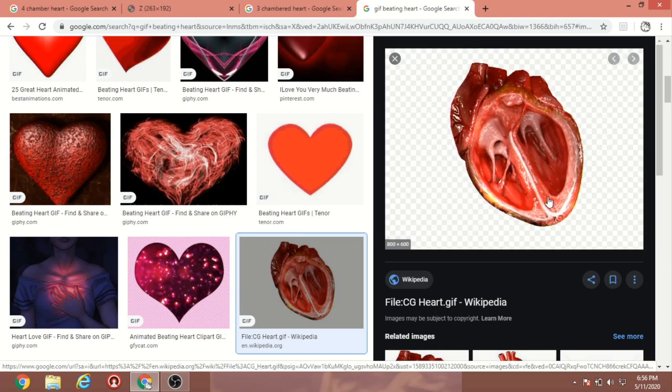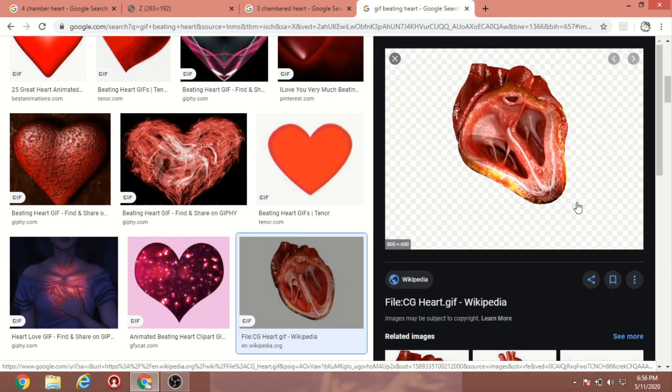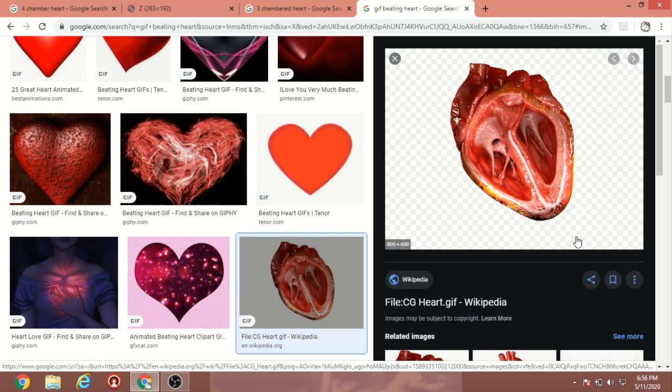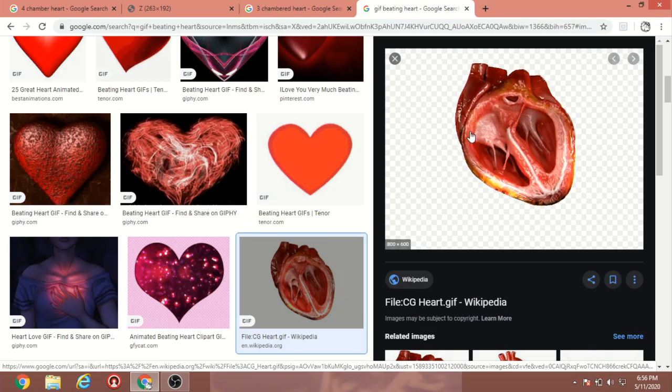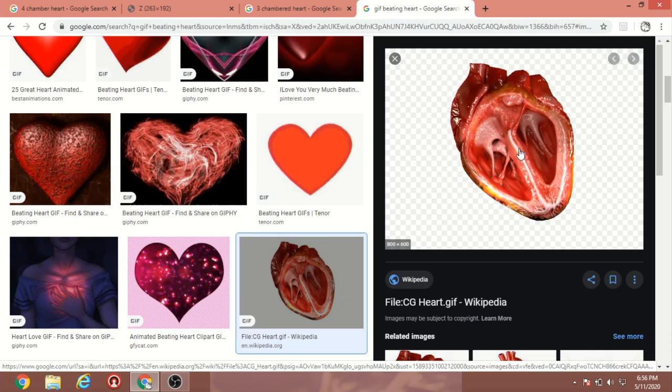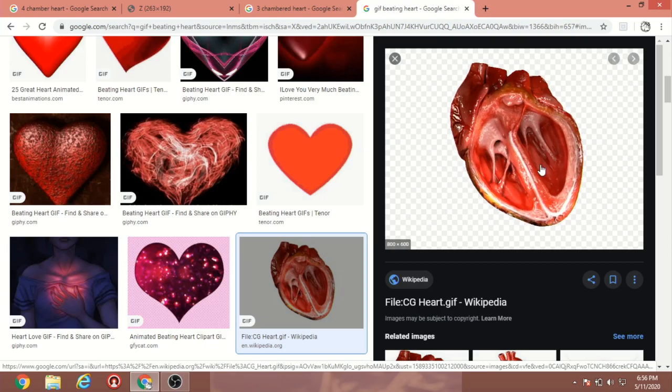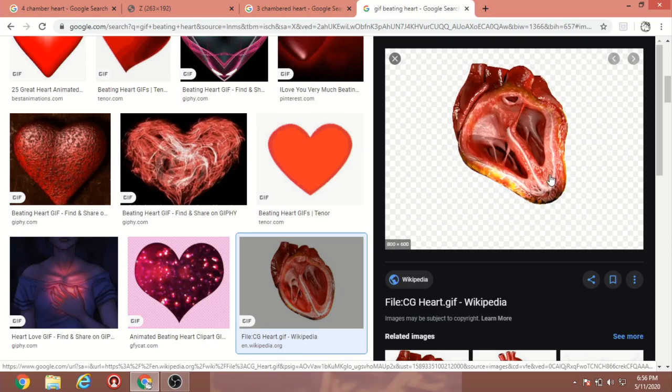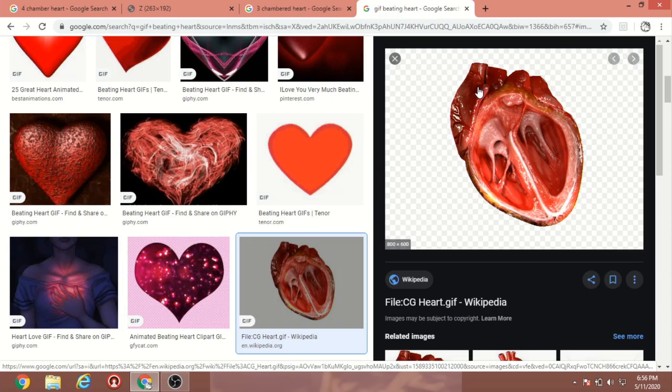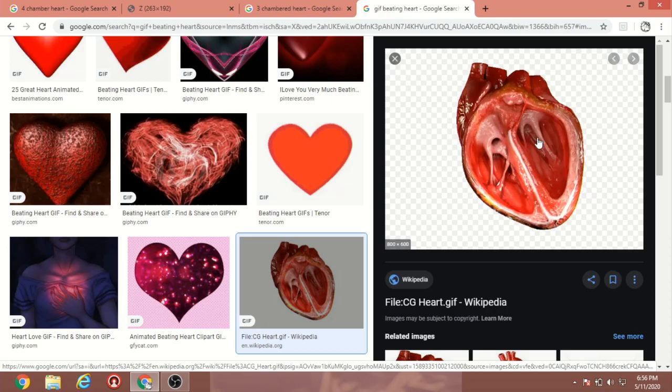Oh, yes, cool. This is perfect. I was trying to explain this in the video too. But do you see how this pumps before that pumps? It's not just one giant squeezing motion. It's like this gets squeezed before that gets squeezed, and there's a rhythm to this.